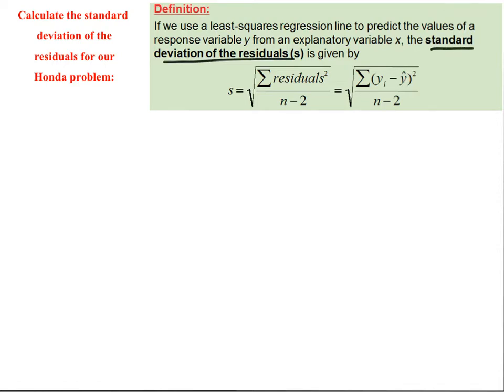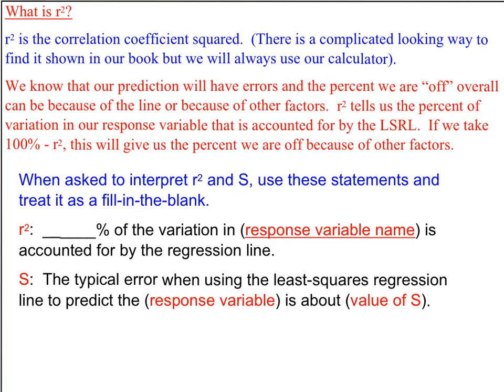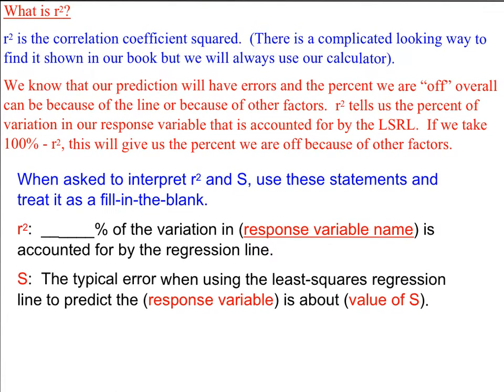Now, when we explain it, and I will show you exactly what I want if you were to explain it, that's not what we say. We don't say, oh, S is the standard deviation of the residuals. No. It tells us how much variability we get with residuals, but it actually goes right along with R squared. But let's get S first.